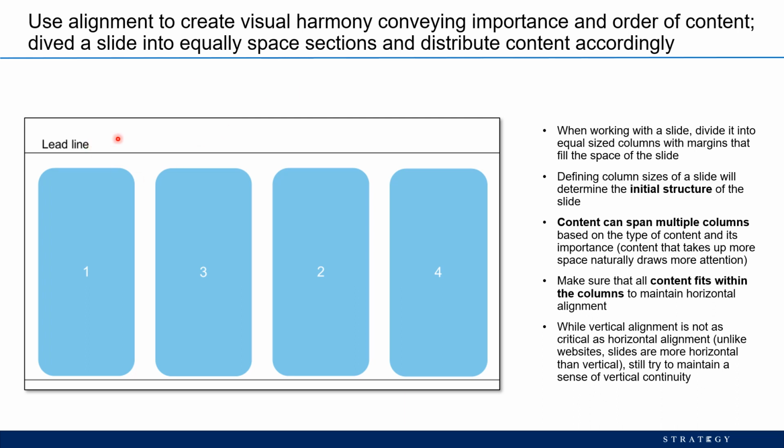I want my graphic to have more importance than the key takeaways over here, so I'm going to give this graphic 2 columns worth of space, where my key takeaways only have 1 column's worth of space.